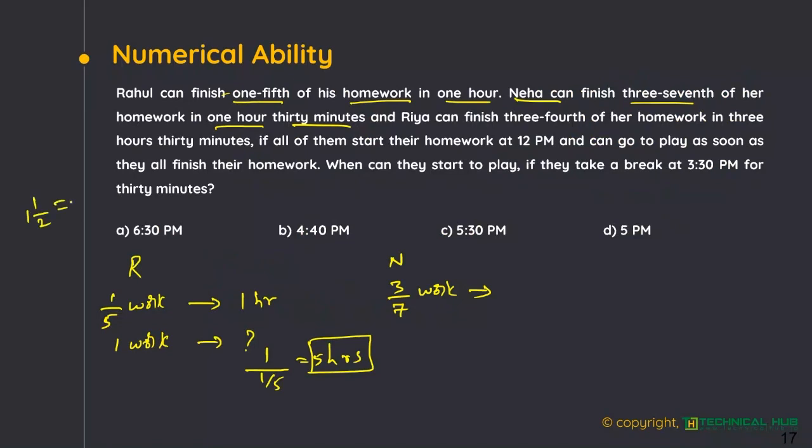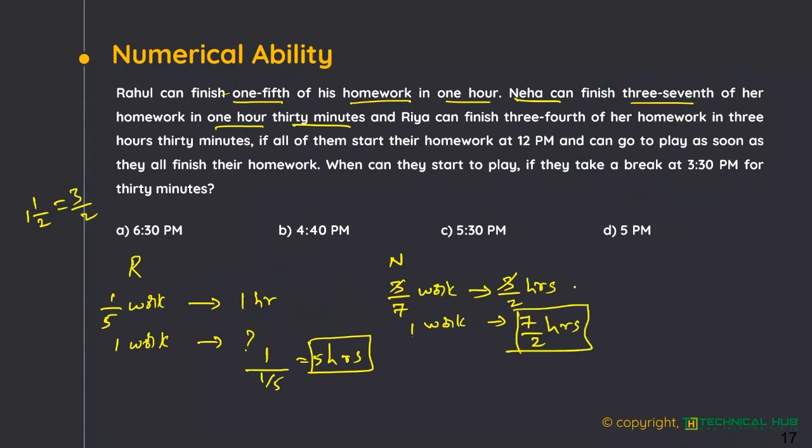Neha can finish 3/7 of the work in 3 by 2 hours. And these 3s cancel. And the total one work can be finished in how much time? That is 7 by 2 hours. Neha's total time period is 7 by 2 hours, which is nothing but 3.5 hours.